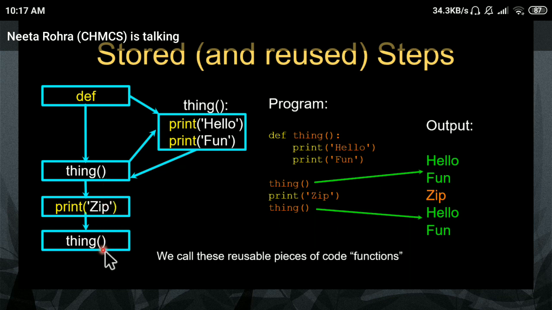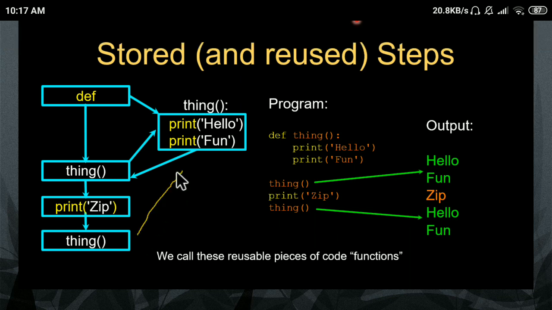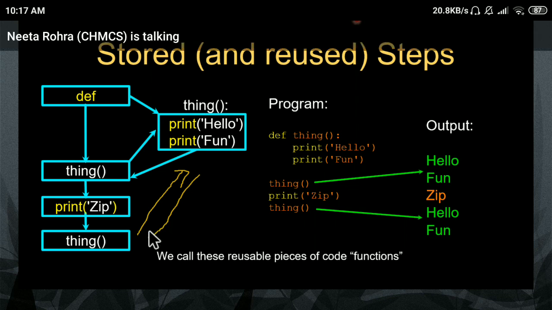It follows the sequential steps. Again, at this point, the function will be called, and again on this particular line the function is called and control comes back. So this is how it is going to work. I hope these stored functions are clear.